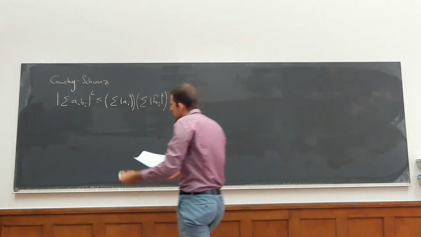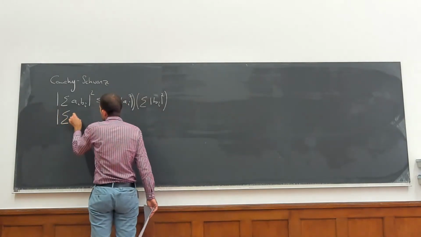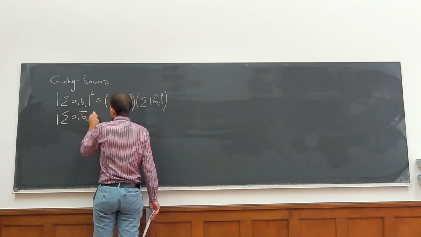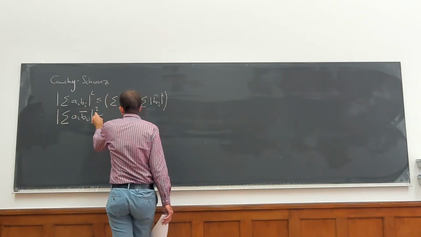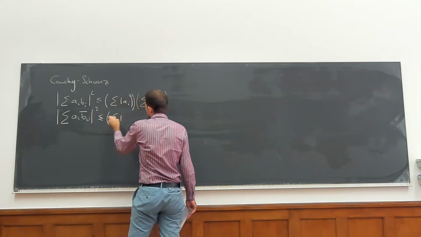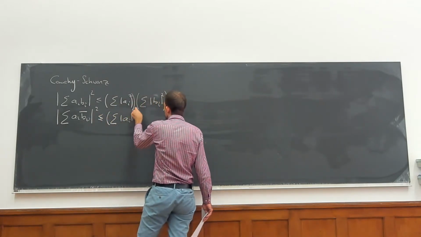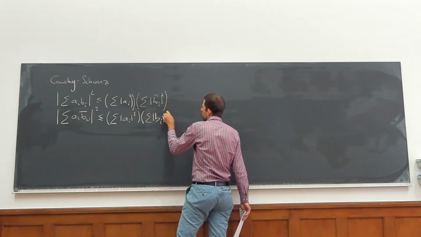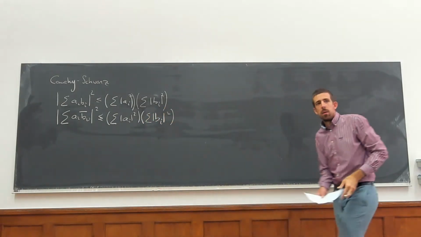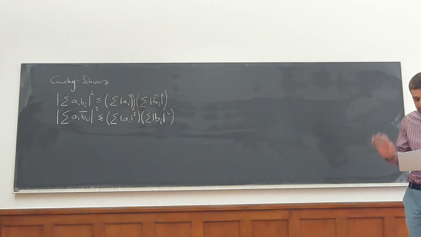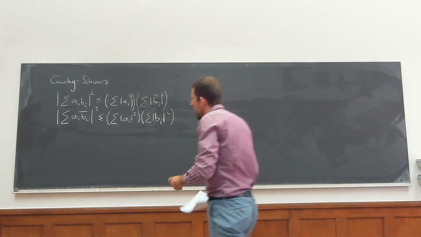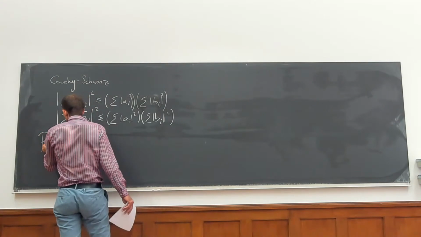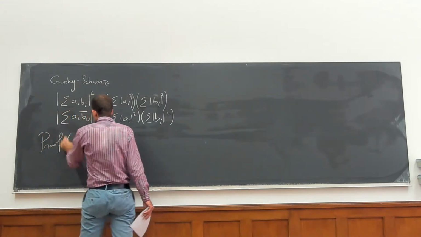And it's exactly the same thing when I take the absolute values. This is just Cauchy-Schwarz for the complex numbers, exactly the same, and the proof is exactly the same. I won't prove it all the way, but it's the same as in linear algebra.